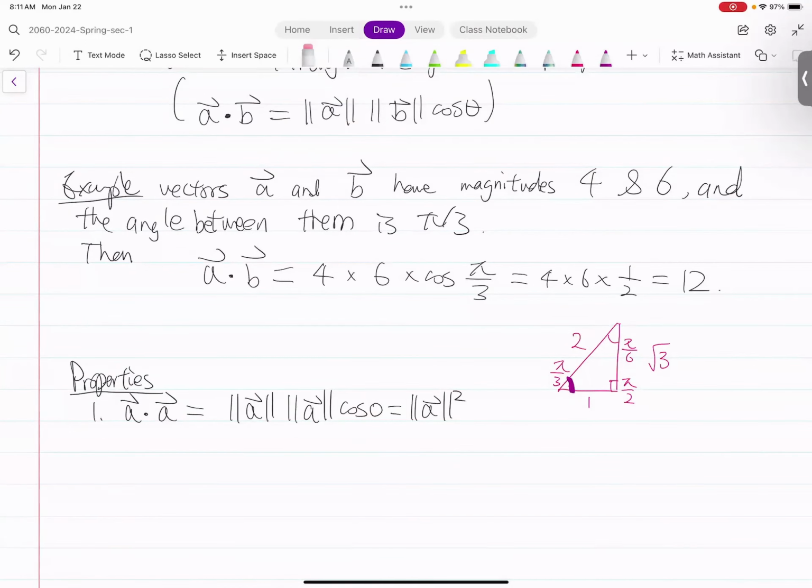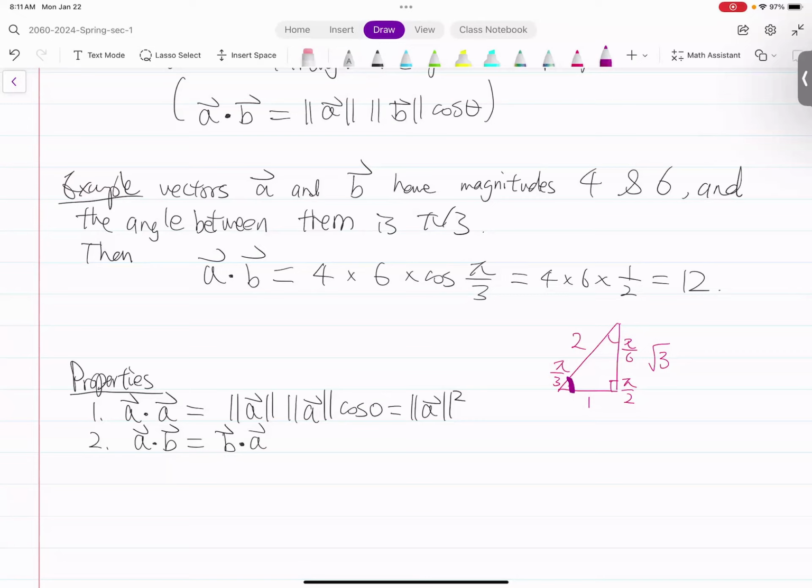Right? And the second property is that the dot product is commutative. So basically, when you have A dot B and B dot A, they're going to give you the same scalar value.